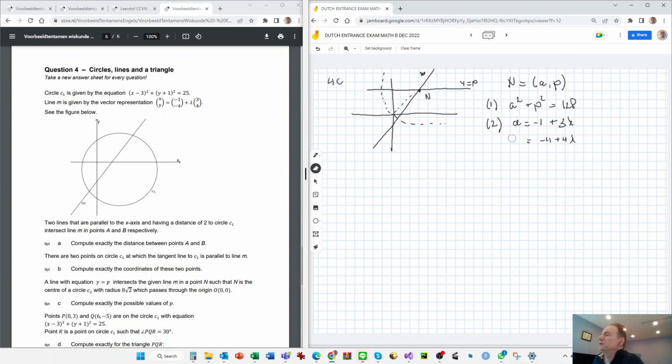Actually, for that lambda, this has to be P. So we can substitute this into the first condition. So we get minus 1 plus 3 lambda squared plus minus 4 plus 4 lambda squared is 128.